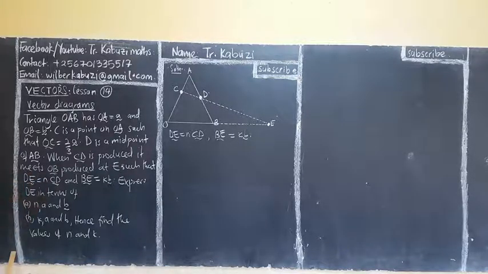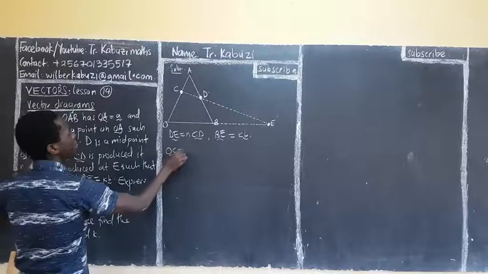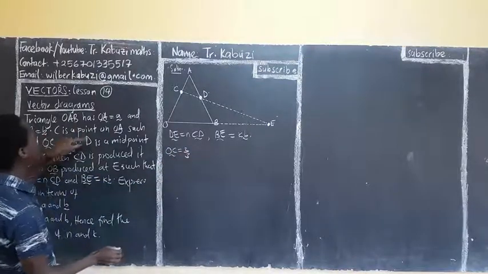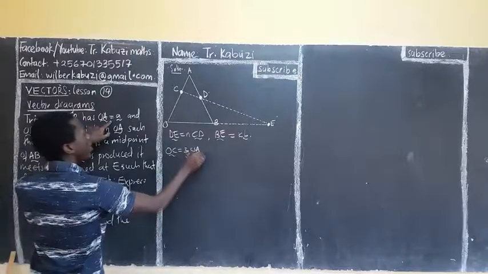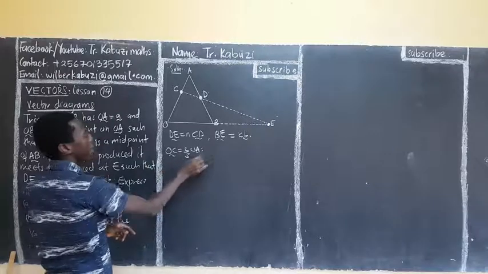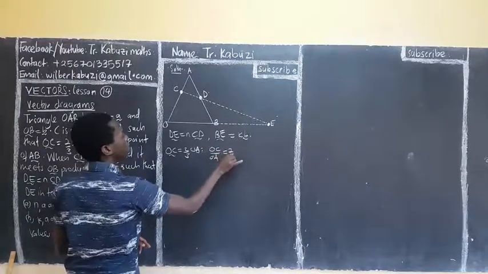Let us start by interpreting ratios. I start with OC. OC is equal to 2 over 3 of a, where a is small a, OA. Meaning if I divide, I have OC over OA equal to 2 over 3.